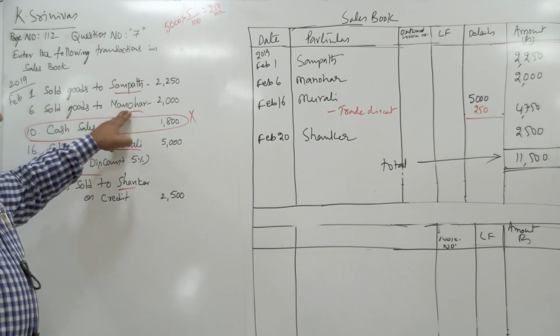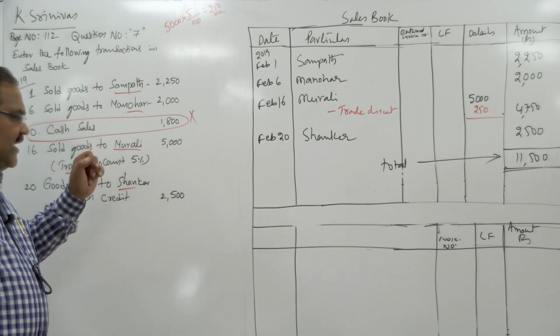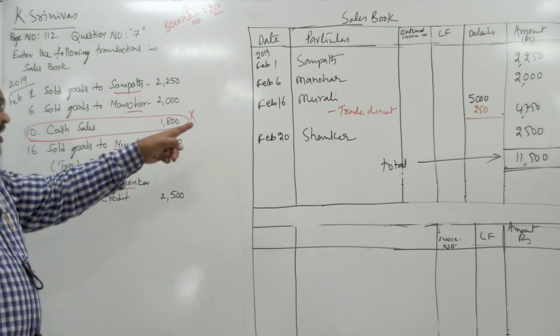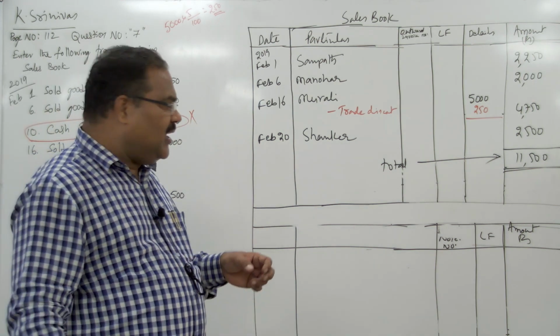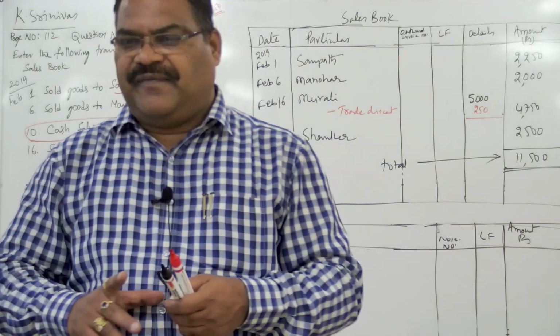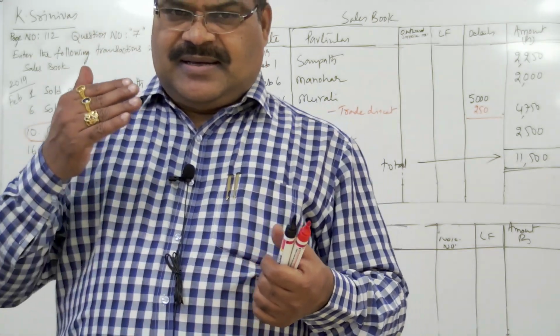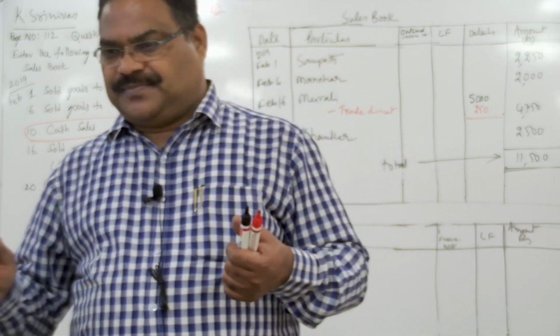Sold goods to Manohar, taken into the book, credit transaction. Cash sales should not be taken here. Sold goods to Murali should be taken with the trade discount, and sold goods to Shankar should be taken into the sales book. That's all. And now we will go for the next book, that is the sales returns book, along with the sales book.